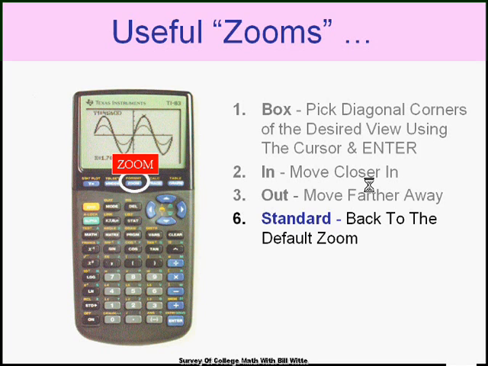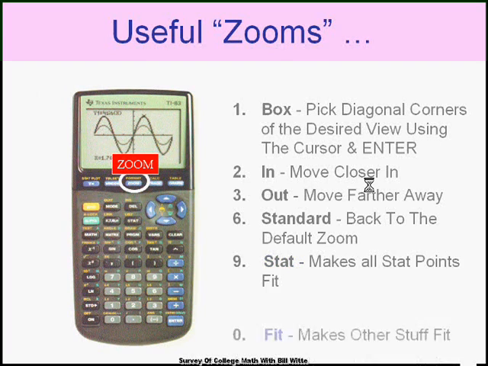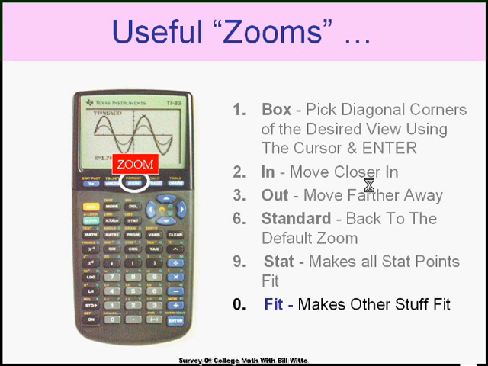That's to set it back to the standard window. And zoom stat, that's going to make all the points fit. Ooh, we like that. Make all the points fit. That's going to be another nice one. Baby, you're the greatest. Or zoom fit. Now that doesn't fit the points. That fits other stuff, like lines and parabolas and such. Okay, so what we're looking at, I think we want 9. Let's take a look and see what happens.